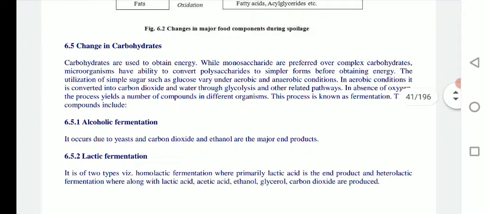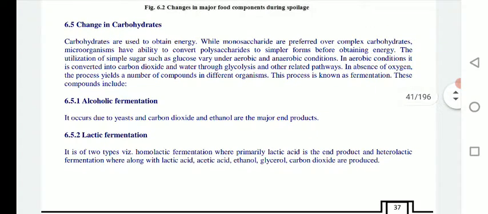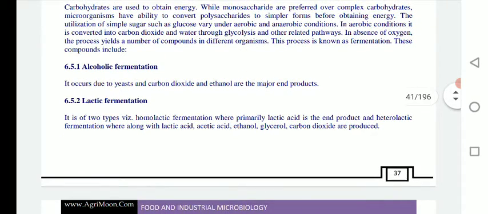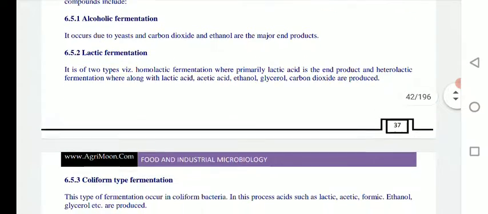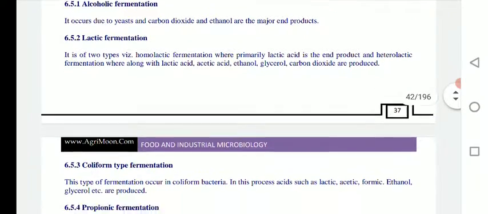So sugars present in food are transformed by the action of several kinds of yeast and bacteria, and they get fermented to produce alcohol, carbon dioxide and ethanol. And in case of lactic acid fermentation, lactose sugar present in milk and other components of food is transformed to lactic acid, and it may be homofermentative or heterofermentative.